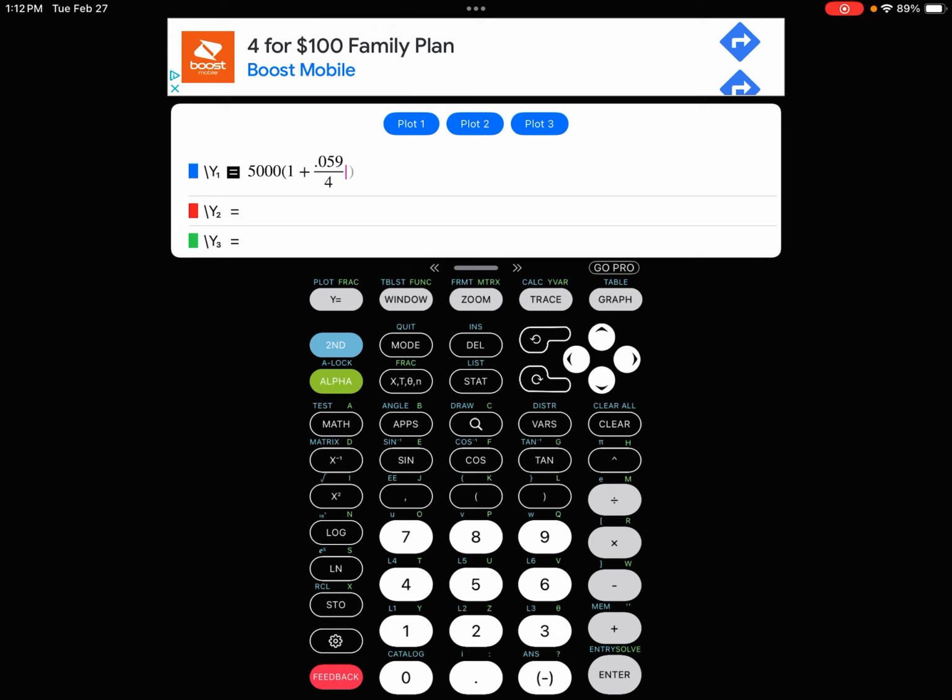Let me close the parentheses there. And then this should be to the power of 4t.